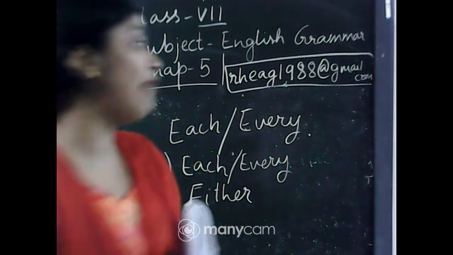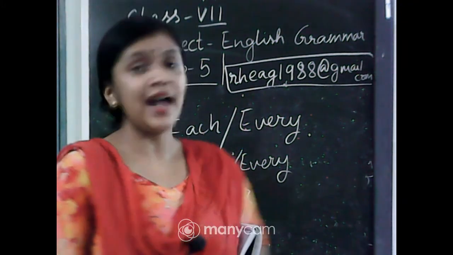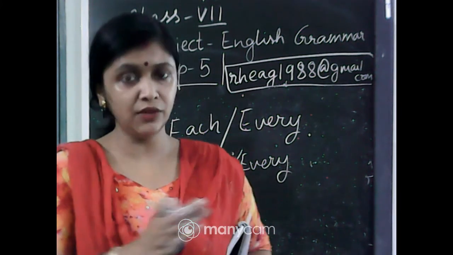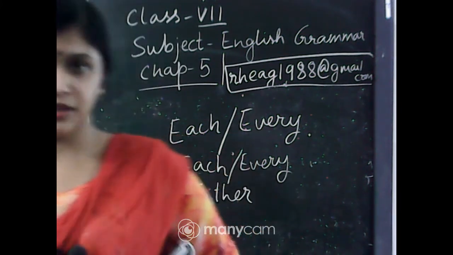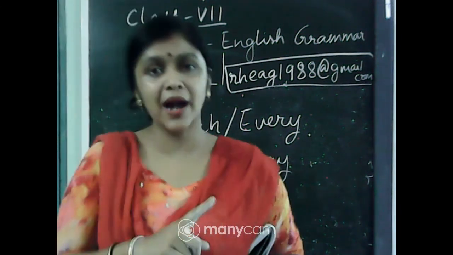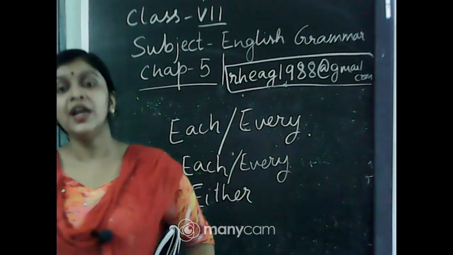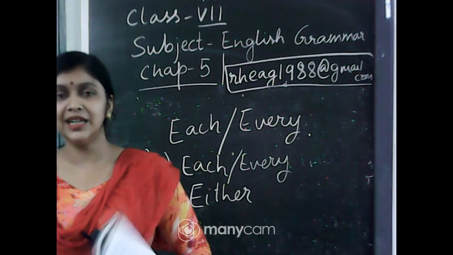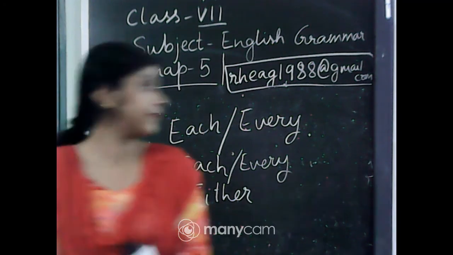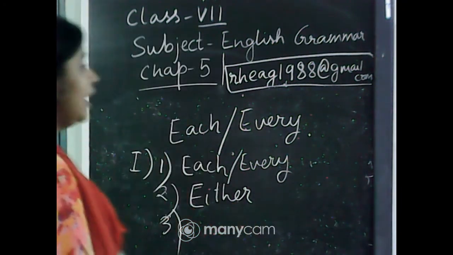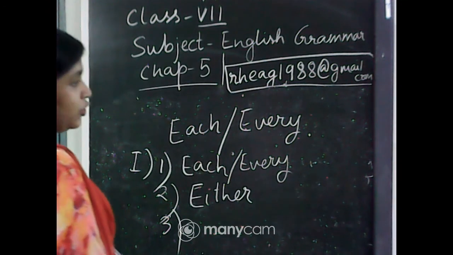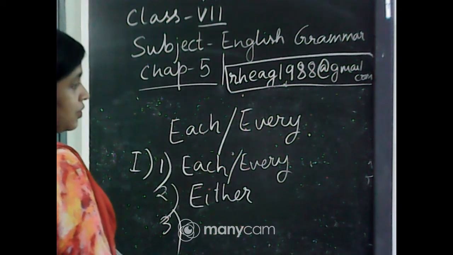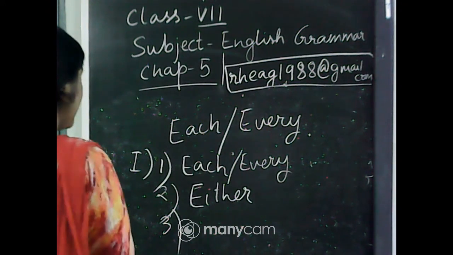But if you have already written does not in the beginning of the sentence, then it will be either, because the first part of the sentence has a negative. If you write neither once again, the meaning of the sentence is completely disturbed. Understood? Aniruddha has understood. Good. Number 2 will be either.